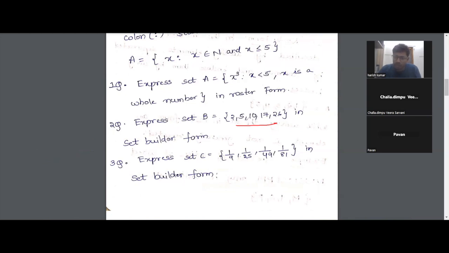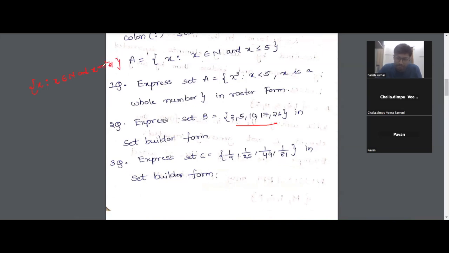We have 2, 5, 10, 17, 26. x such that x belongs to N, and x equals n square plus 1. Okay, so x such that x belongs to N and x is equal to n square plus 1.